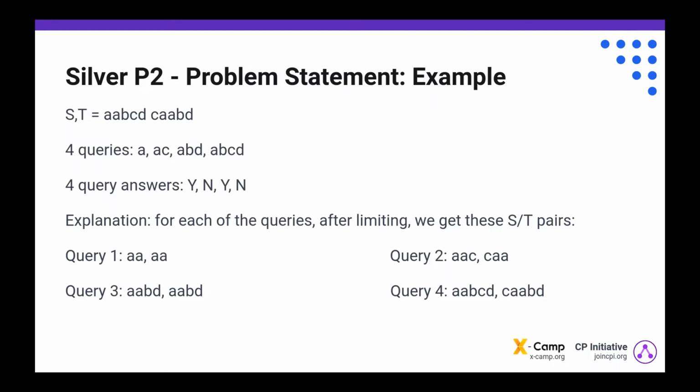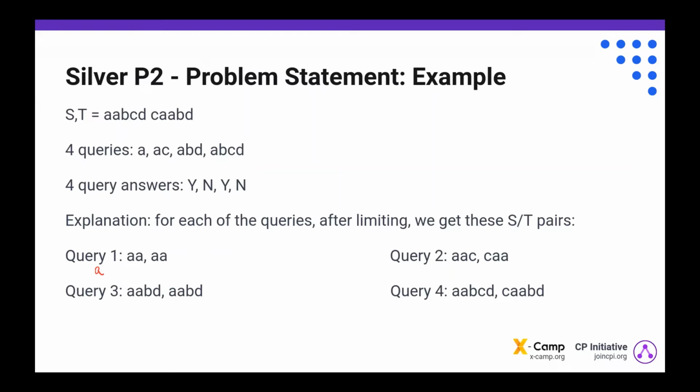Let's see the explanation for each of the queries after limiting. We want to limit S and T to only the letters that appear in the query, and we get these S and T pairs. For query 1, this is only A. S becomes AA and T becomes AA.